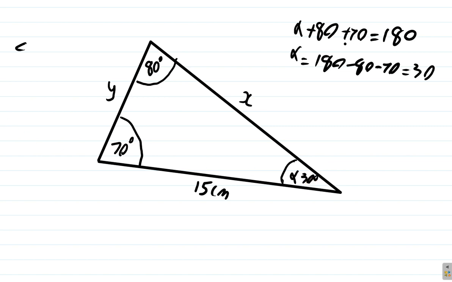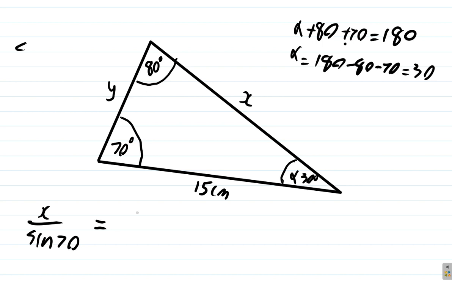So here, we want x. So x over sine 70 equals, well, if we try the 30 and the y over sine 30, but we don't know y. So that wouldn't really help us. So it's better we use the 15 and the 80.